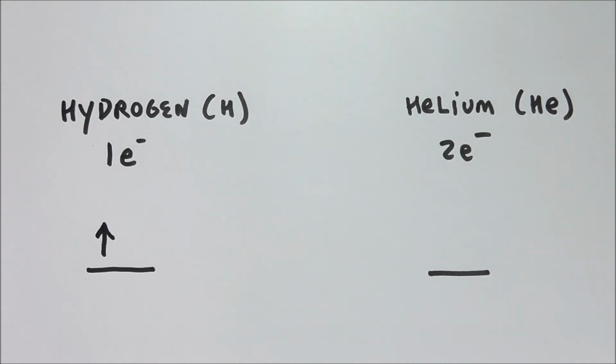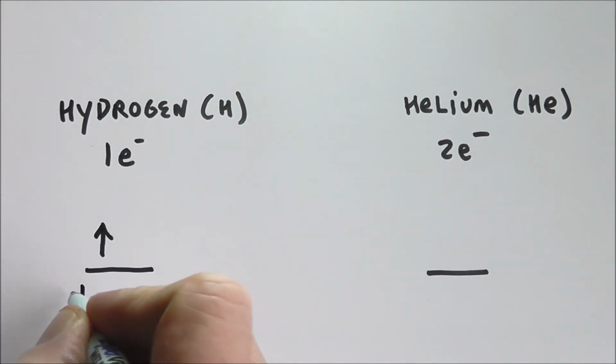An orbital will contain a maximum of 2 electrons. I could have written this arrow going up or down; it really doesn't matter. Usually the first one you write is an up arrow. So we've got an orbital that is half filled, and we have a name for this orbital. This is called the 1s.